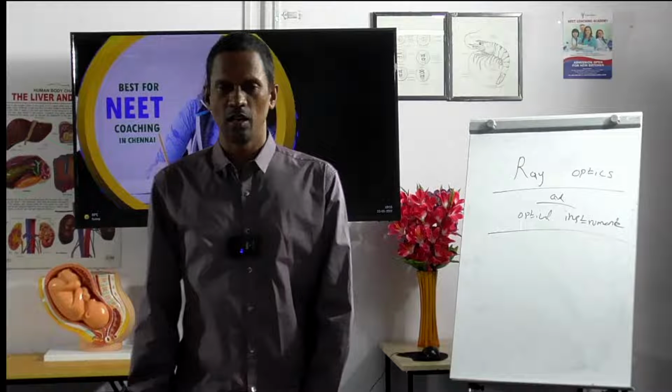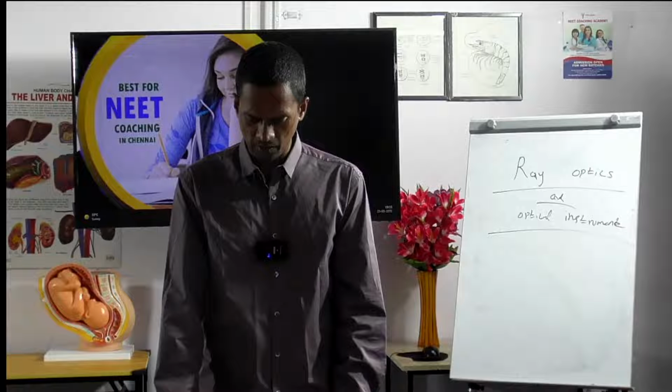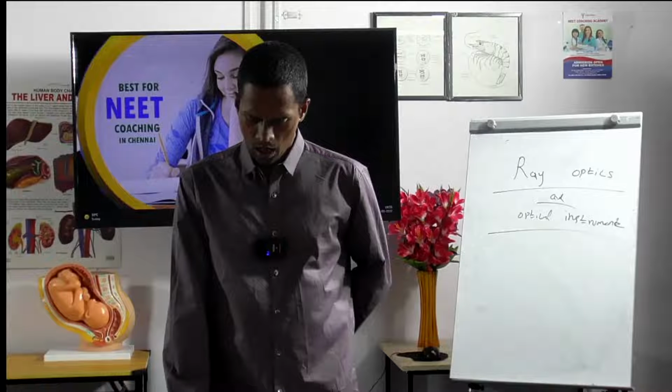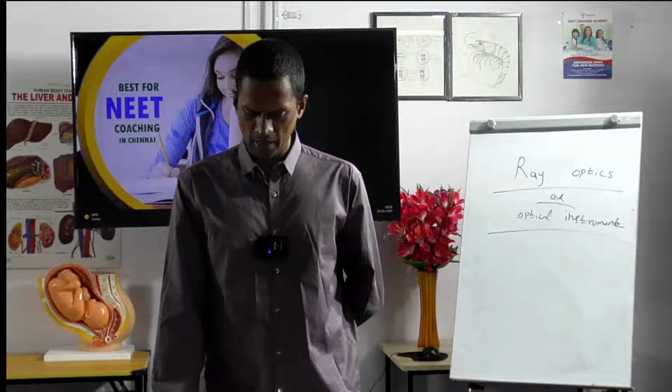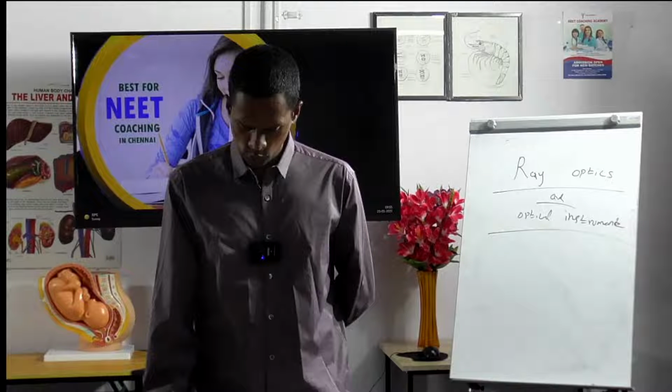Mirage means the refractive index of air increases with density. What is the definition I gave for mirage? During summer, the ground becomes hotter than the air at the higher level.